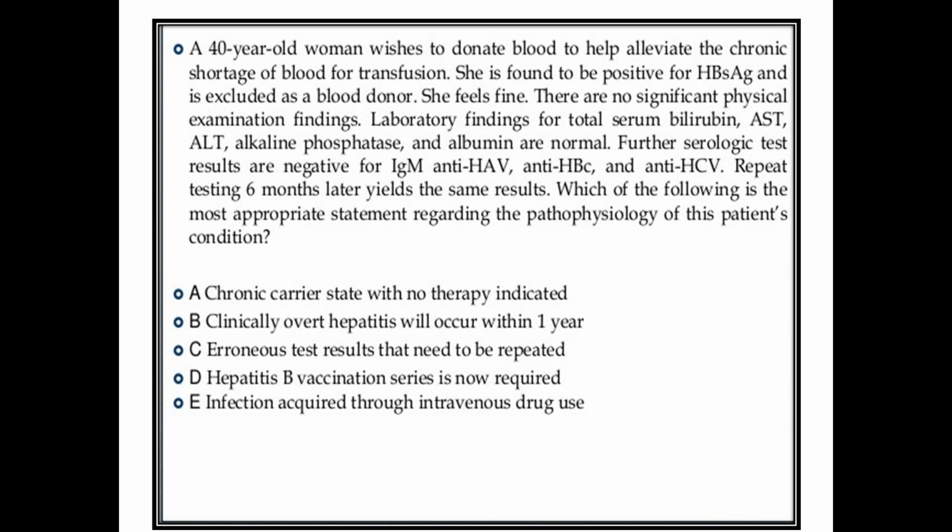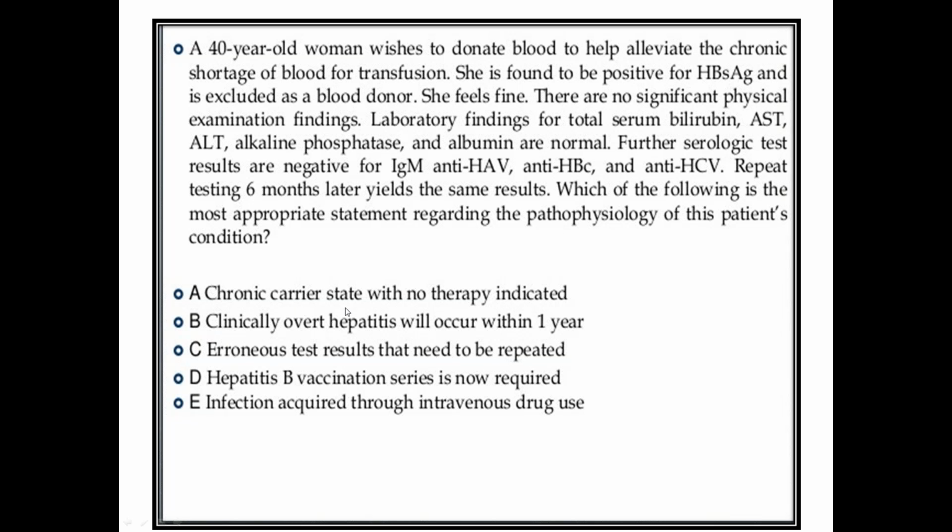Laboratory findings for total serum bilirubin, AST, ALT, alkaline phosphatase, and albumin are normal. Further serological test results are negative for IgM anti-HAV, anti-HBc, and anti-HCV. Repeat testing 6 months later yields the same results. Which of the following is the most appropriate statement regarding the pathophysiology of this patient's condition?